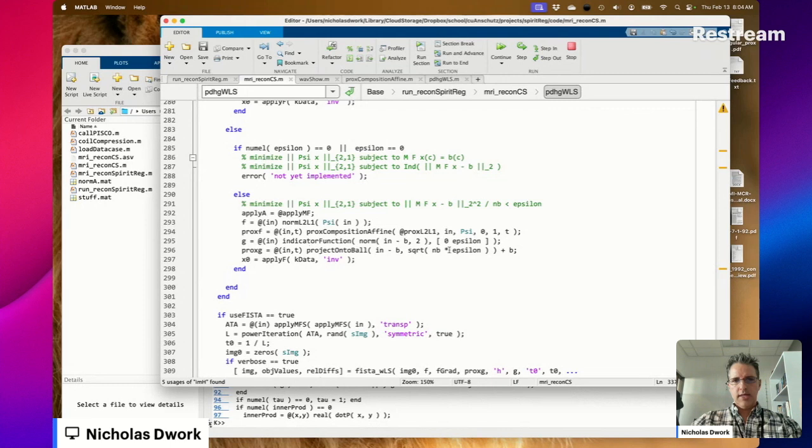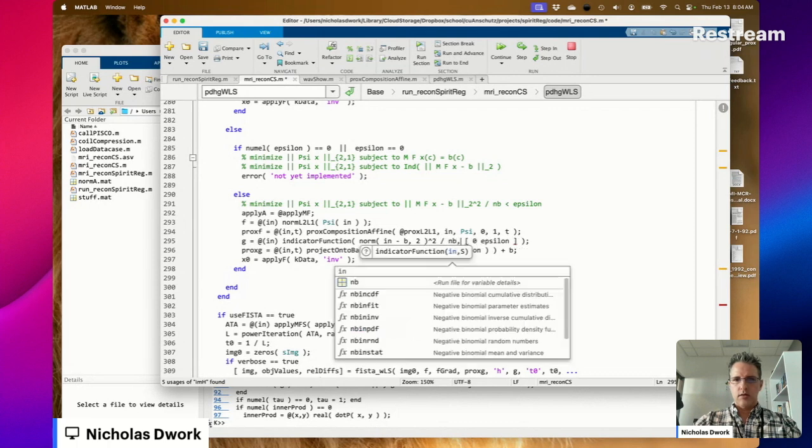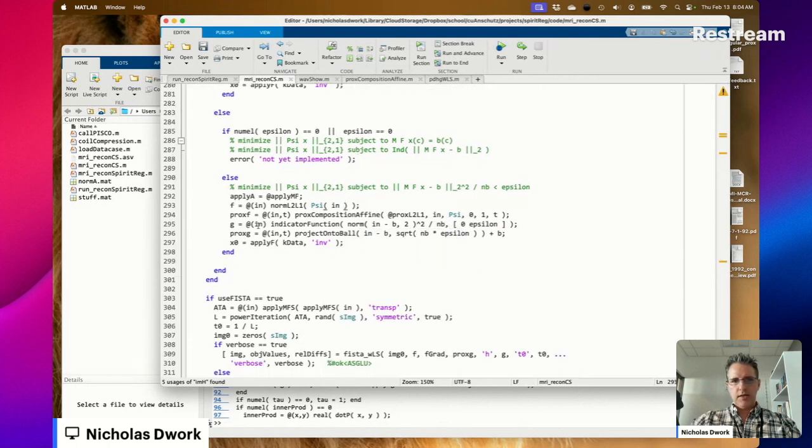Indicator function. That was a bug, but I don't think that mattered for this problem.